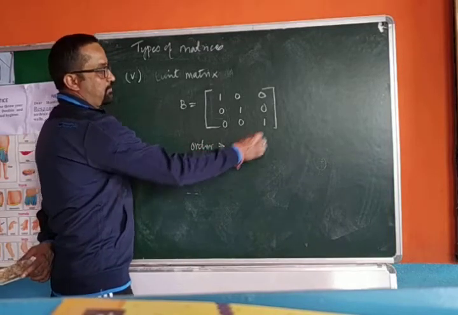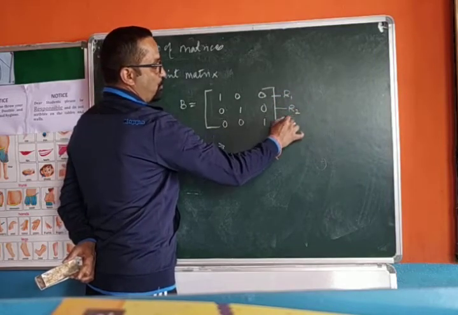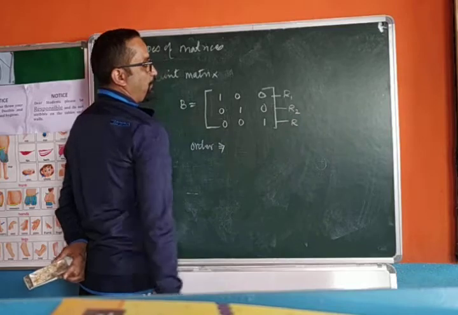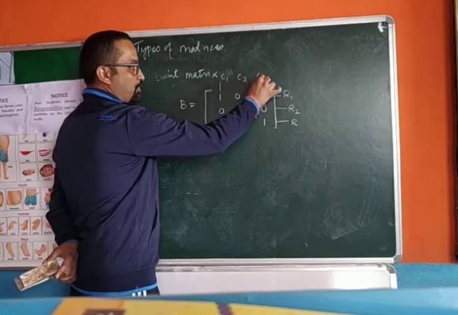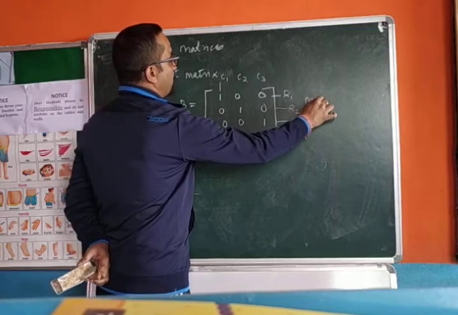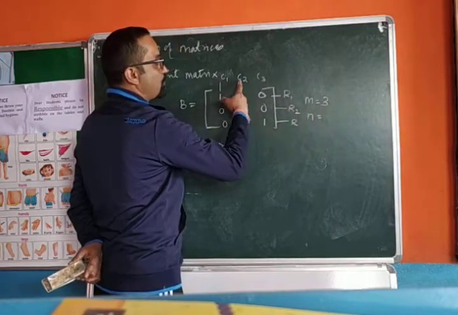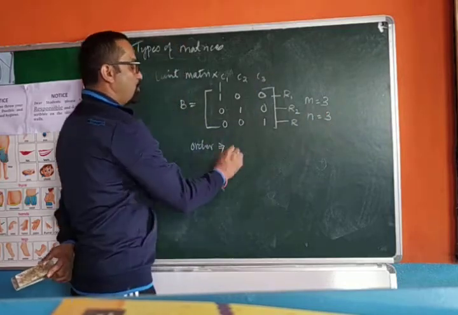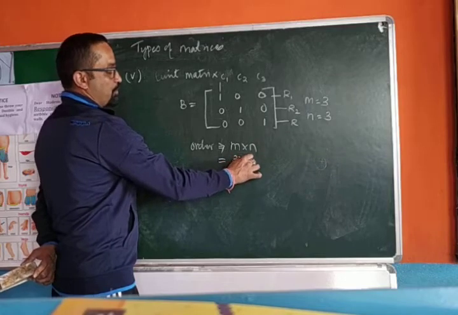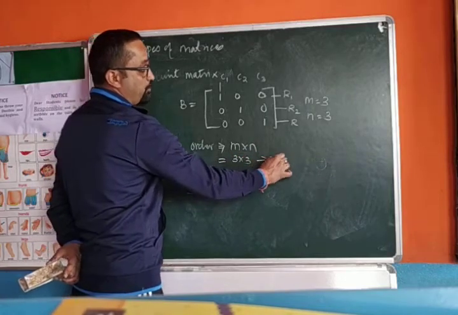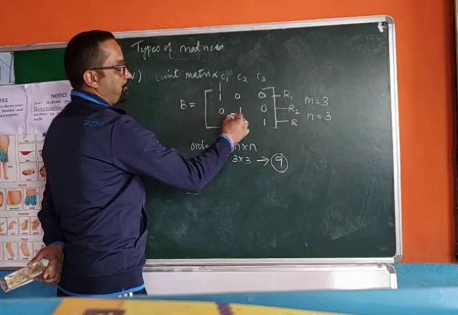Order of this: first row, second row, third row; first column, second column, third column. So M is 3 rows, N again 3 columns. So the order of matrix B is N cross N, 3 cross 3. When you multiply, you get 9. 9 stands for the number of elements.